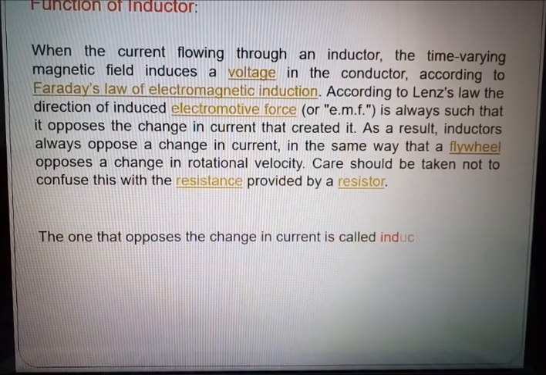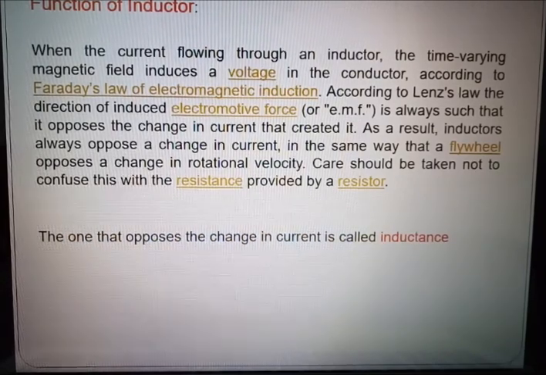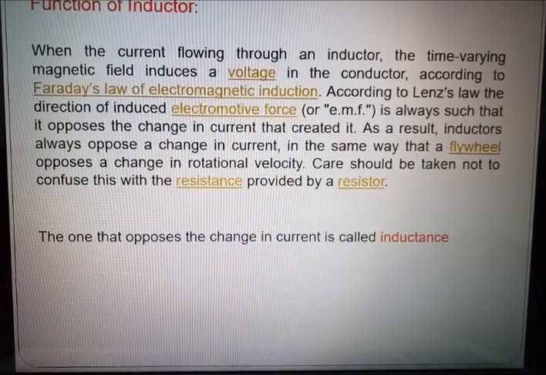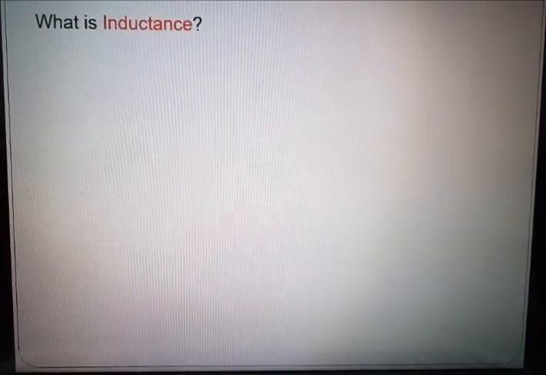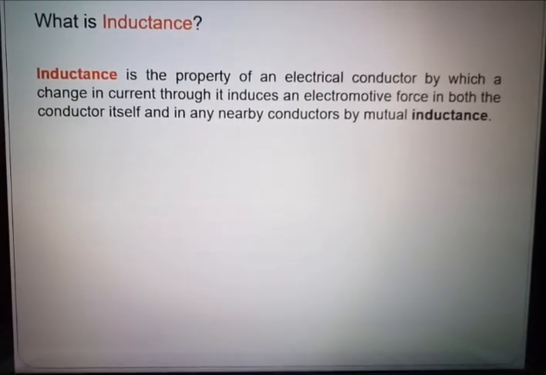Now always remember, guys, that the one that opposes the change in current is called inductance. Now what is inductance? Inductance is the property of an electrical conductor by which a change in current through it induces an electromotive force in both the conductor itself and in any nearby conductors by mutual inductance.